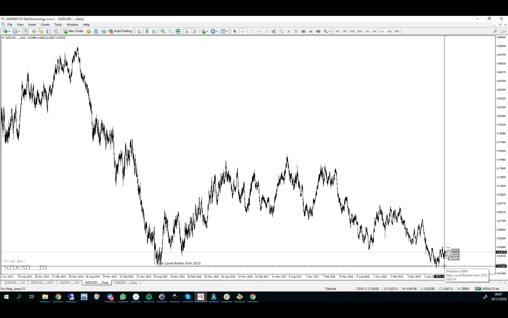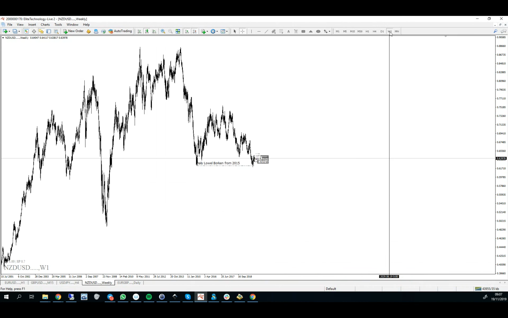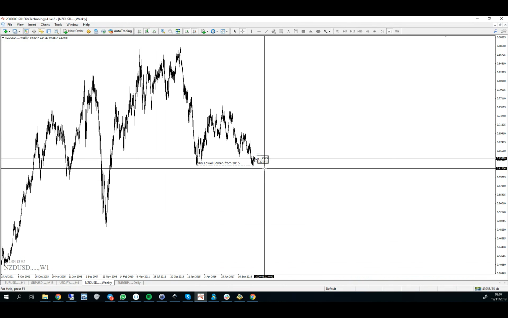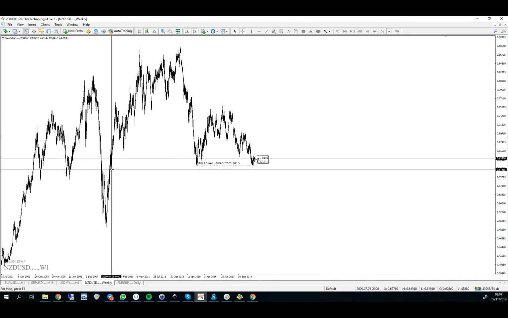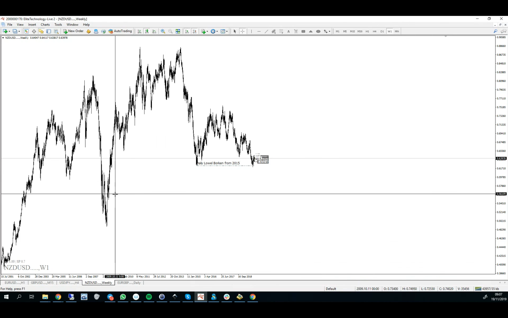That's the area that we are aiming for, and we believe that price should go lower than that. How low? We can look for lower levels on the weekly. So price can go much lower.